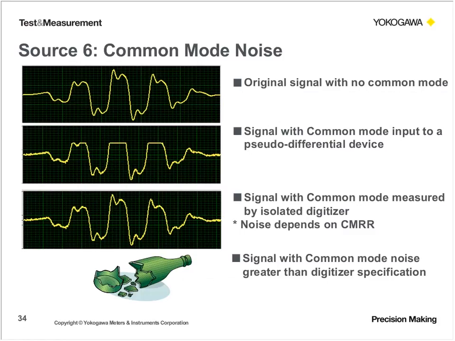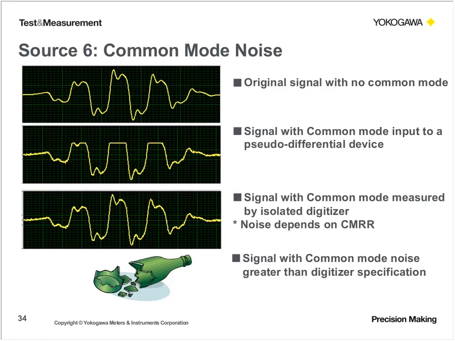For the third signal type, where you are measuring common mode voltages with isolated equipment, you'll have to look at the common mode rejection ratio specification. You may have the original signal, but maybe the lines are a little bit thicker, maybe there's a little bit more buzzing or ringing, so pay attention to that.